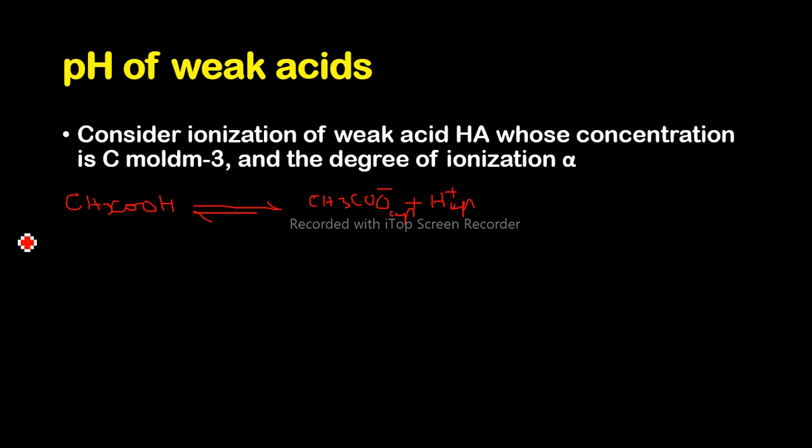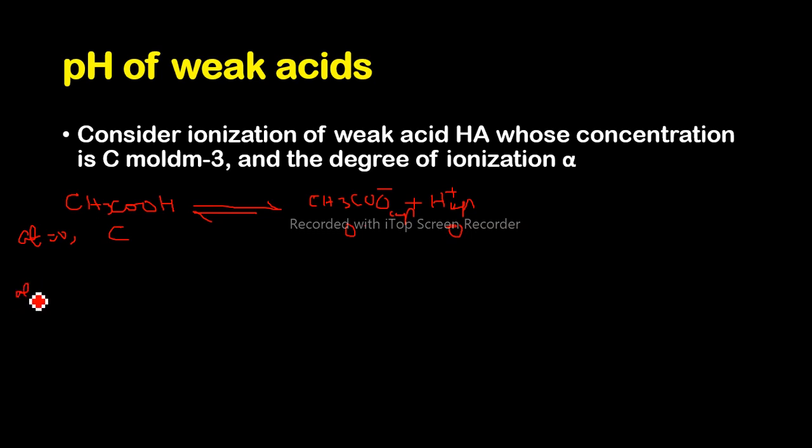Now, initially at T equals 0, you have C of ethanoic acid, 0 of ethanoate ions, and 0 hydrogen ions.